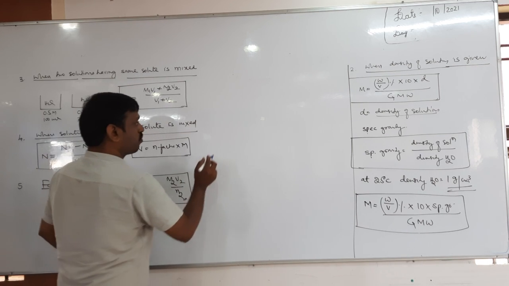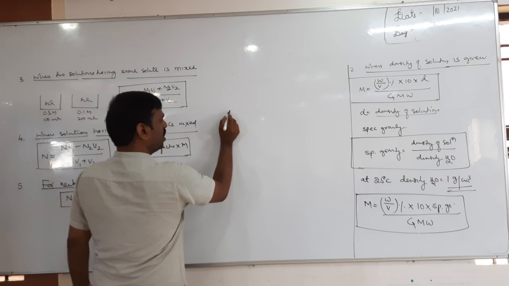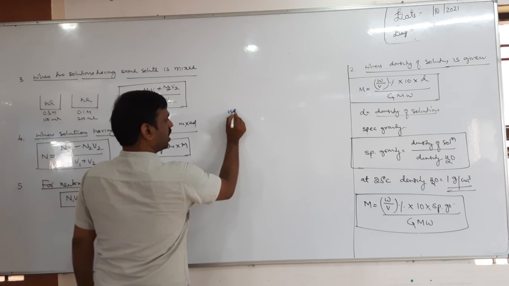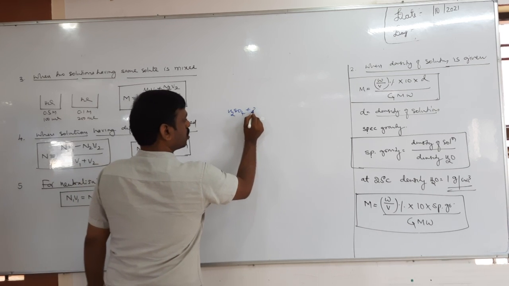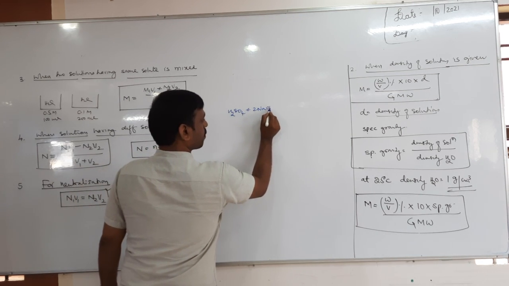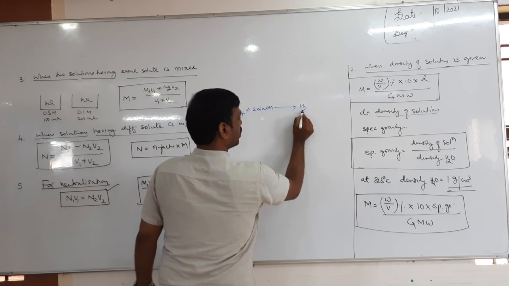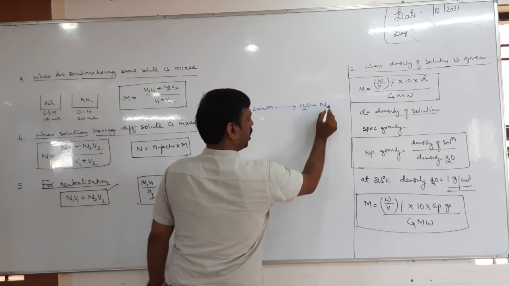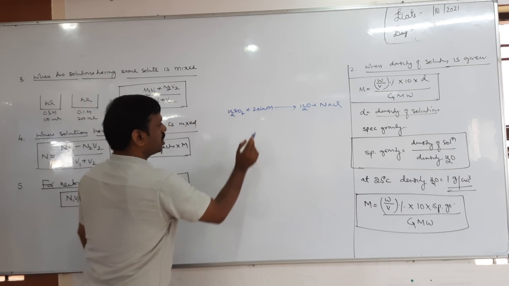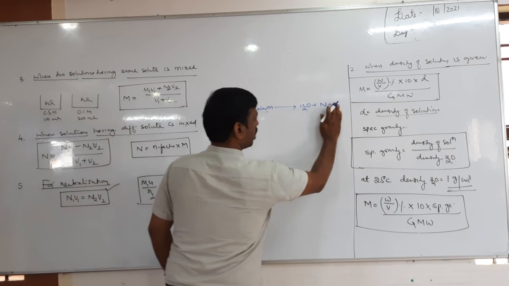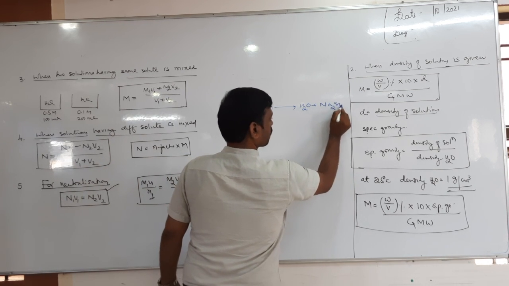So what is the meaning of coefficient? Suppose we take sulfuric acid, H2SO4, reacting with sodium hydroxide, strong acid and strong base, which gives rise to what? H2O plus NaCl. How many NaCl? Na2SO4, right?